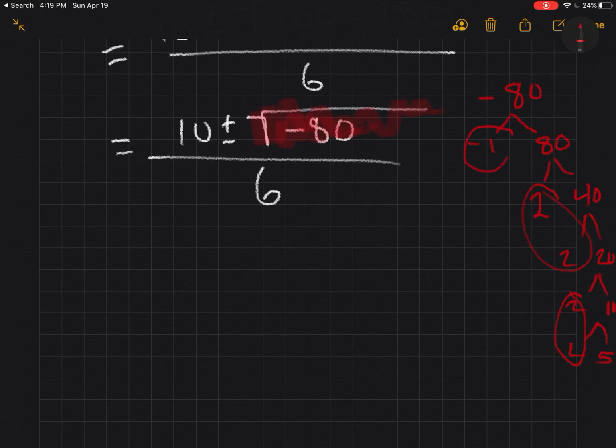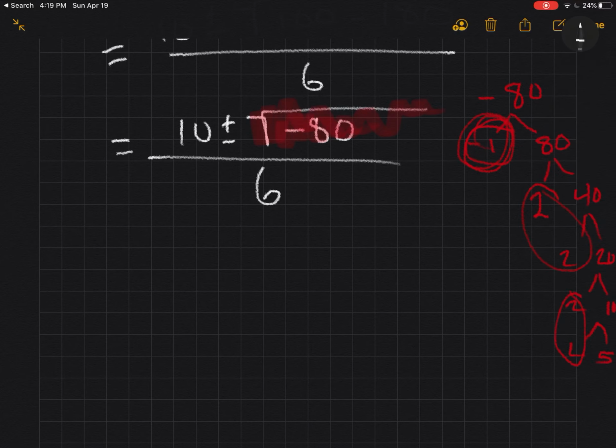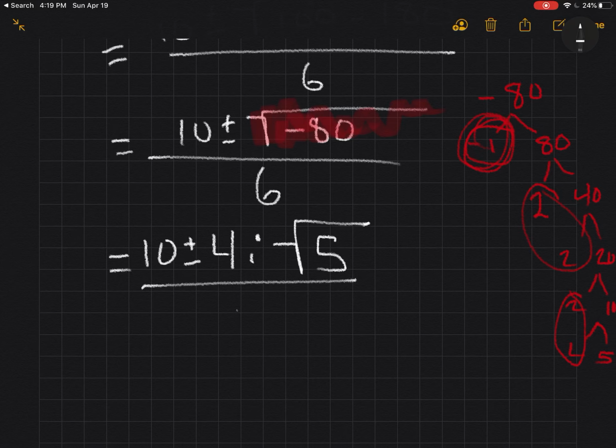And then here I might recognize that's the same as 2 and 40, and that would be 2 and 20, 2 and 10, 2 and 5. So I'm taking these out. And then the square root of negative 1 is equal to i.